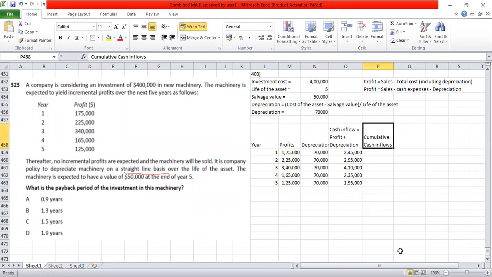So cumulative cash inflows would be by the end of first year, the total cash inflow is 245,000. Next year, 295,000 plus the previous amount.